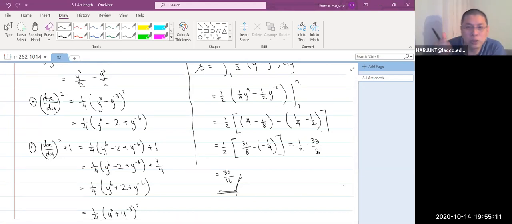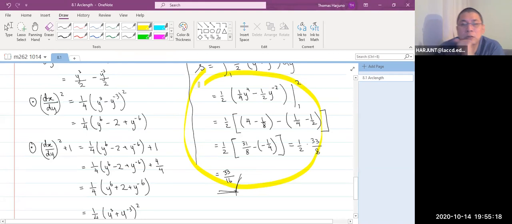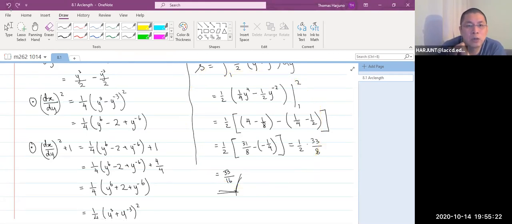Once you don't set it up correctly, the integral will not be easy to integrate. The problems in our textbook were carefully chosen such that if you set it up right, the integral becomes easy.